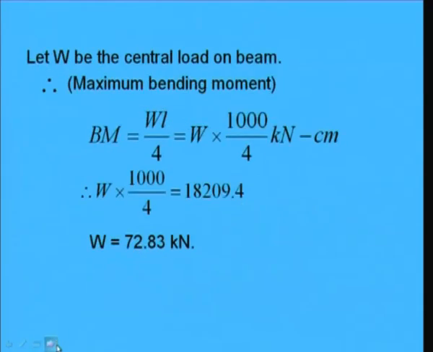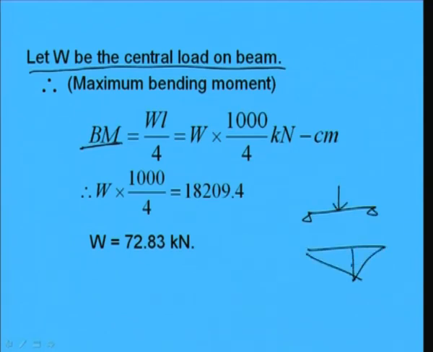Okay. Now, if W is the central load on the beam, then the maximum bending moment we can find out as WL by 4, because for a simply supported beam the maximum bending moment will develop like this, that is WL by 4, if this is W and this is L. So, WL by 4, L is 10 meter, so 1000 centimeter, so WL by 4 is coming this.